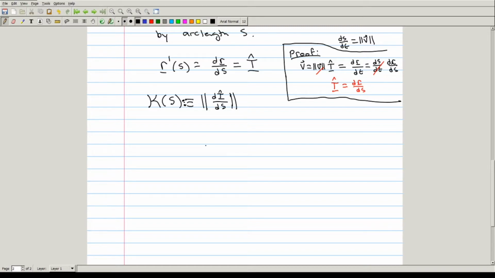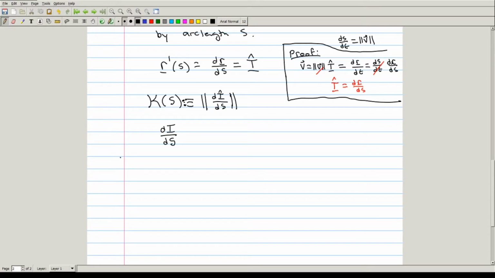So what this means, we recall that the vector dT/ds was used to define the unit normal vector.